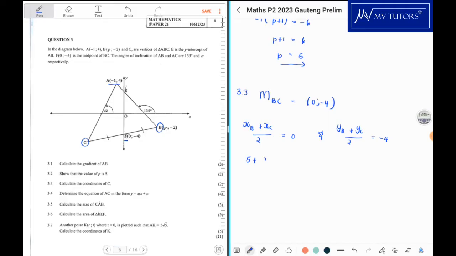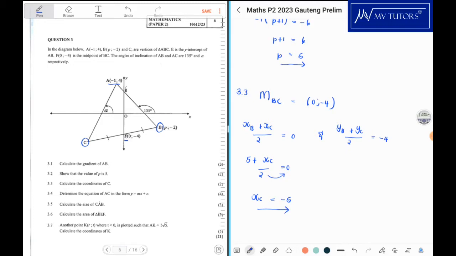So 5 plus the x-coordinate of C all over 2 is 0. So at least our only unknown is x. All right. So if we take 2 to the other side, it's going to be 0, and then 0 minus 5. So the x-coordinate has to be negative because C is in the third quadrant. So we have there x is equal to negative 5.